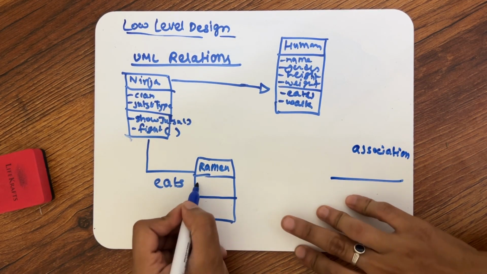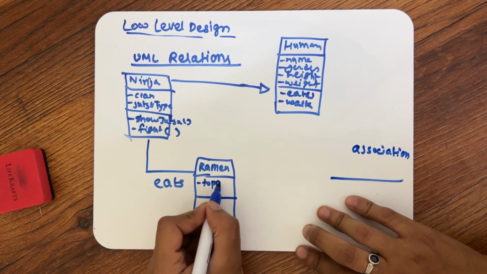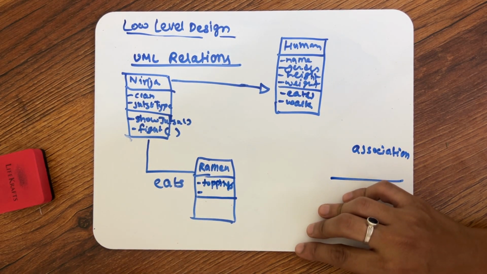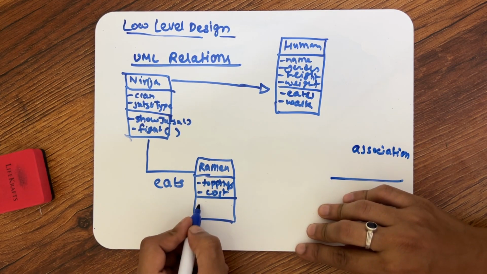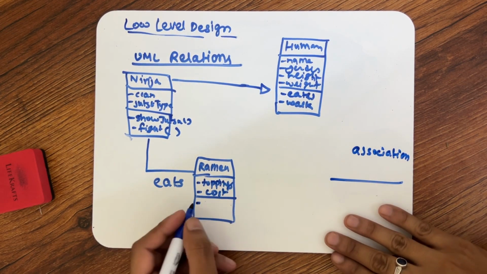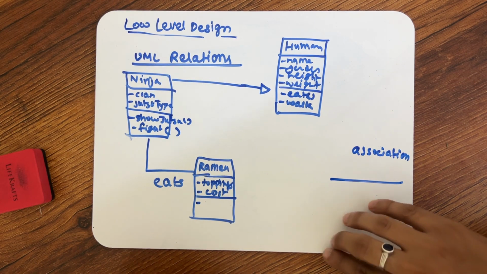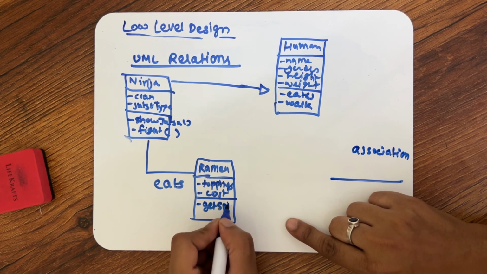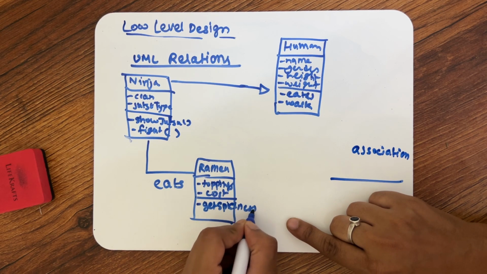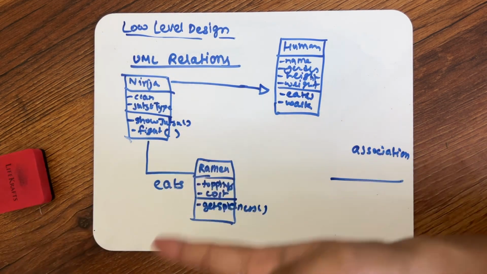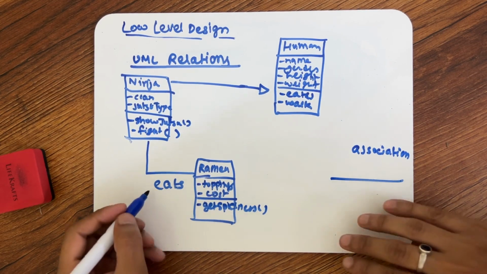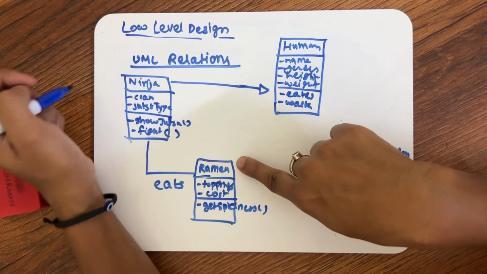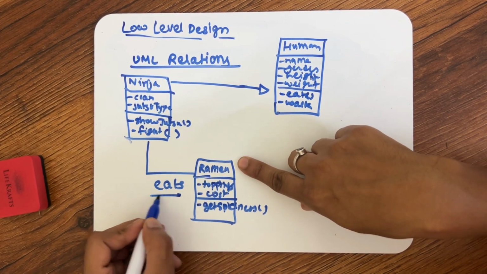It will have toppings, it will have cost, and some properties as well, for example get spiciness, something like that. What I'm trying to show is that this ninja is associated with ramen through this action, eat.